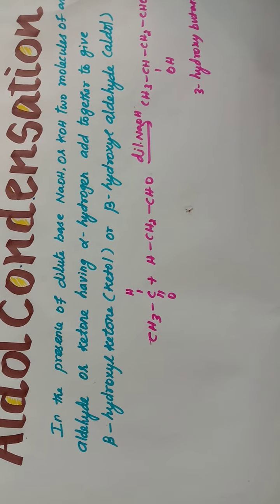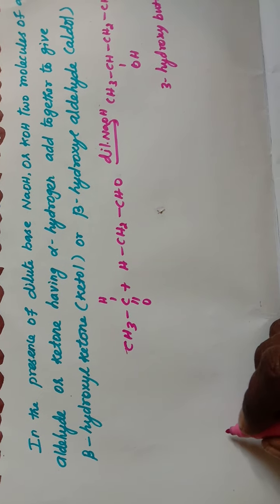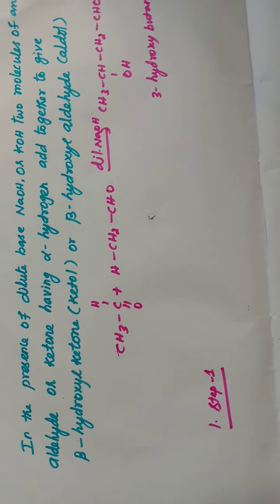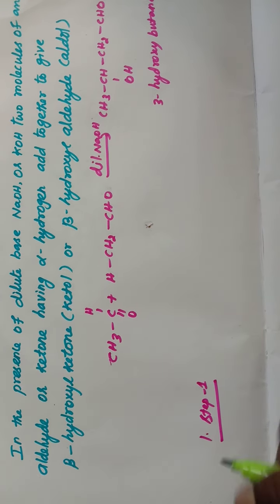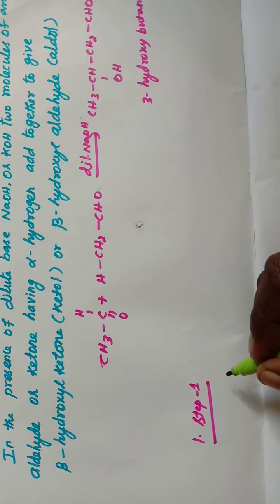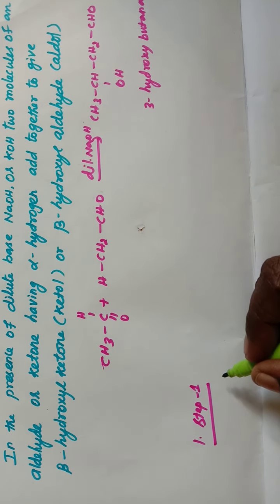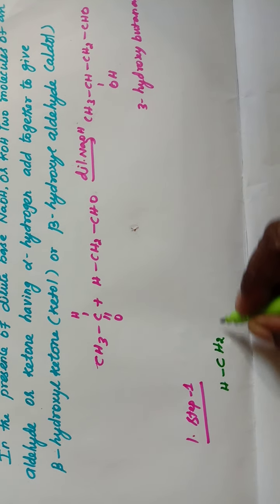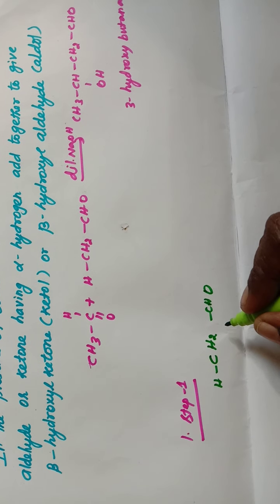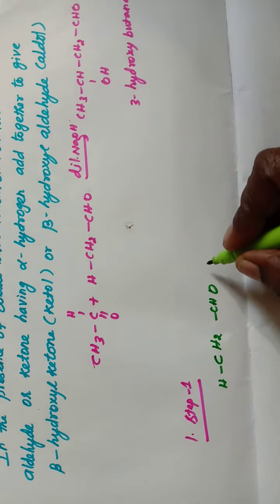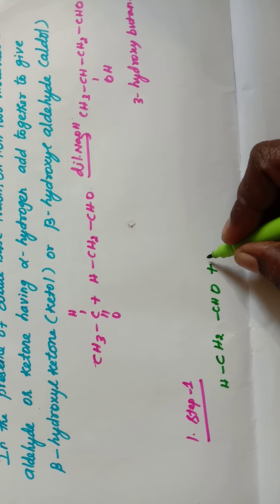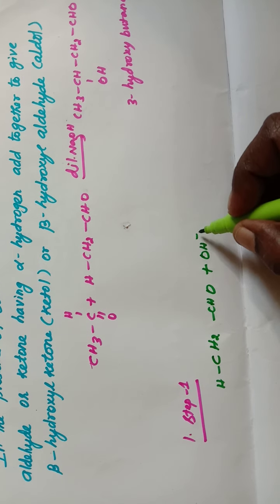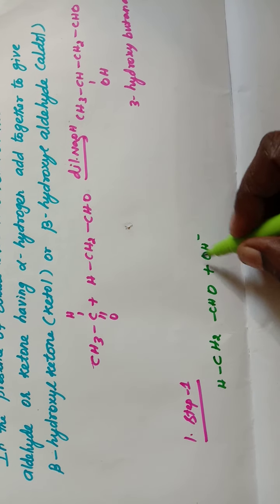Let us discuss the mechanism of the reaction. First, step 1. In the first step, the carbanion is formed. Here, one molecule of acetaldehyde is treated with a base which contains this OH group.